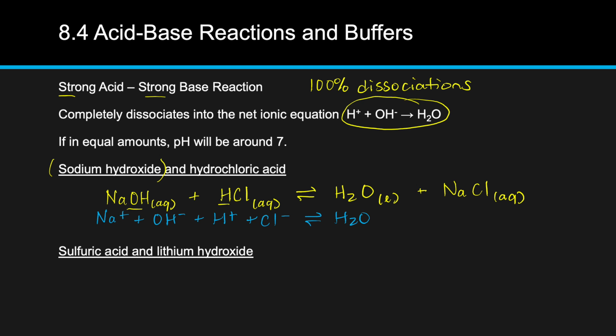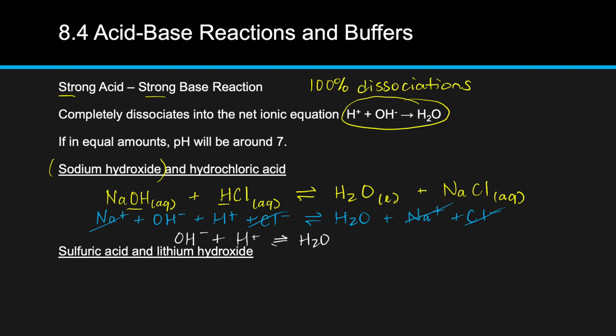It's not broken apart. And then we have Na plus and Cl minus. So you can see that sodium and chlorine are our spectator ions here. So our final net ionic equation would be OH minus plus H plus reacts to form H2O, and that happens for all strong acid and strong base reactions.